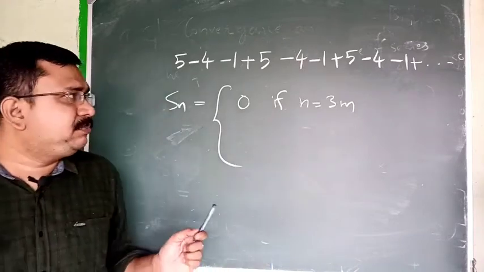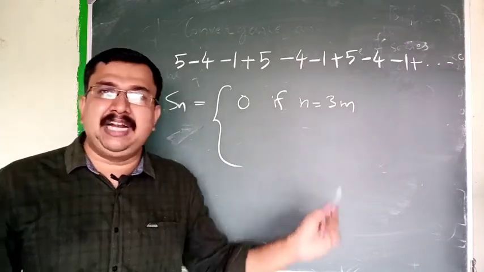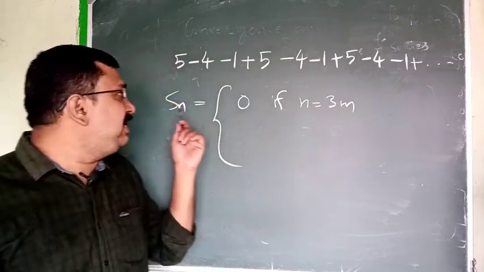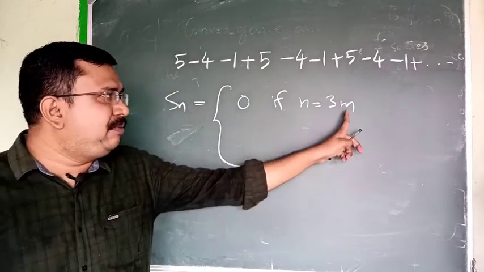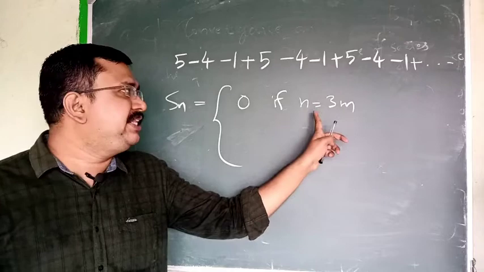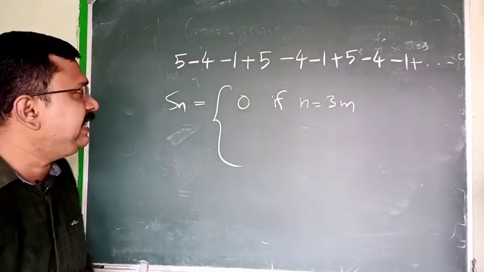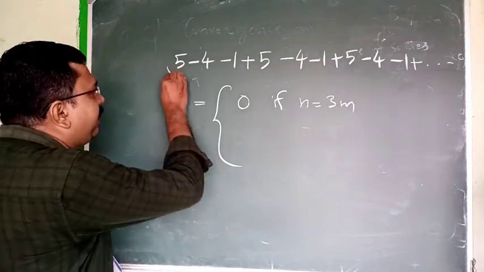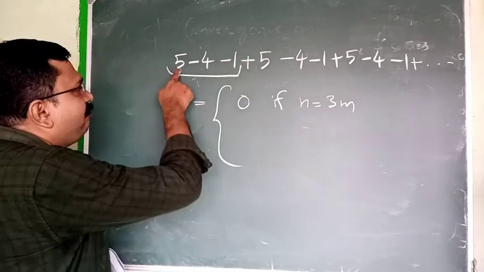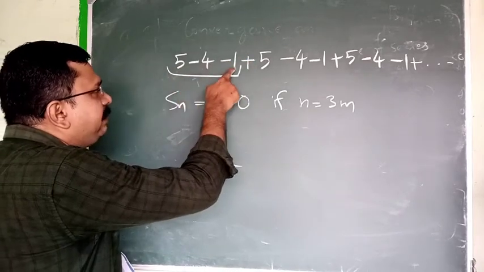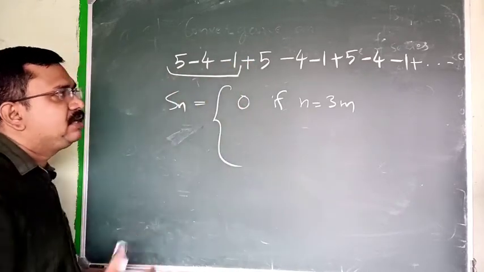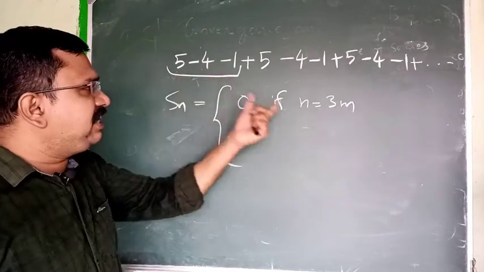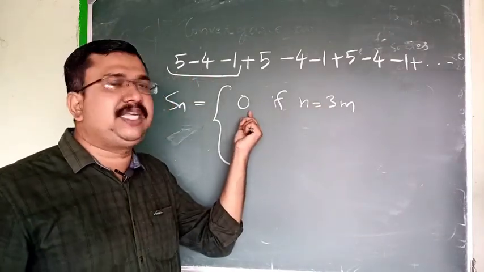Okay, what is its meaning? If n is a multiple of 3, then the sum is 0. For example, here m equal to 1, then n equal to 3. Taking only these 3 terms, 5 minus 4 is 1, 1 minus 1 is 0. If we take 3 terms, then the sum is 0.